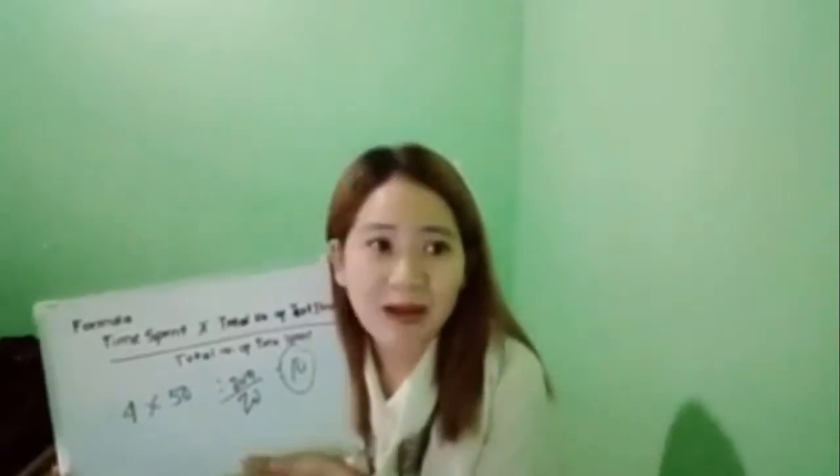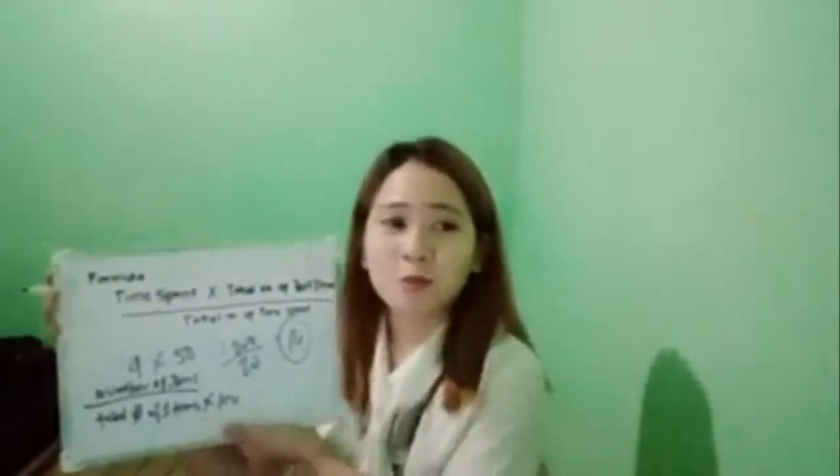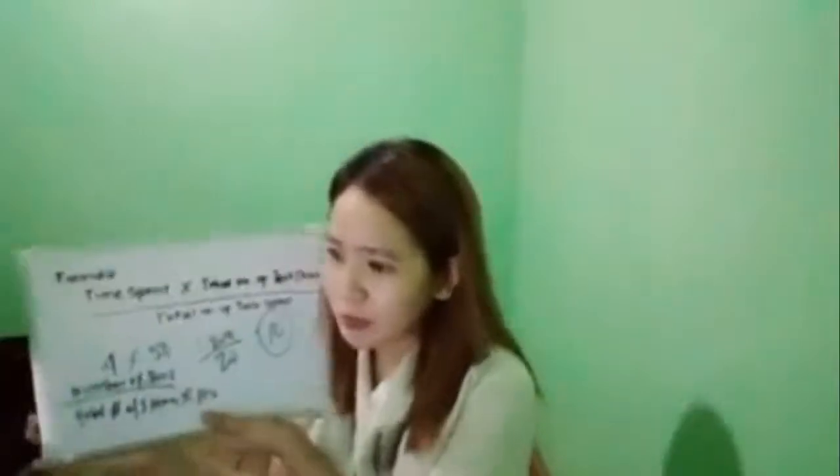So, yung 20%, paano? Ganito ang format. Ang format ay number of items divided by the total number of items times 100. Okay, ito yung format. Paano nakuha yung 20% doon?